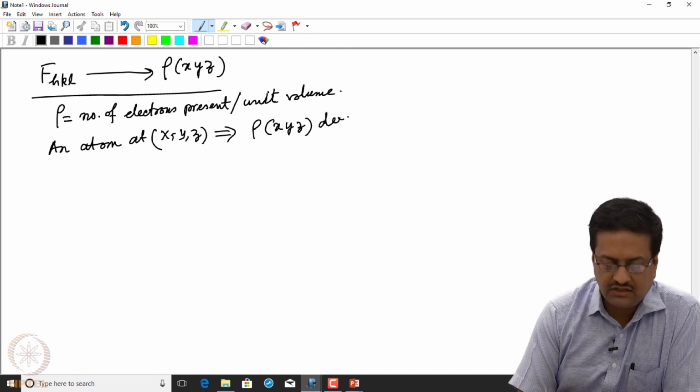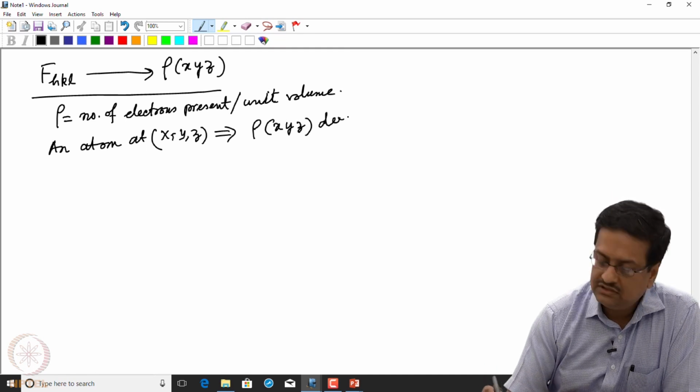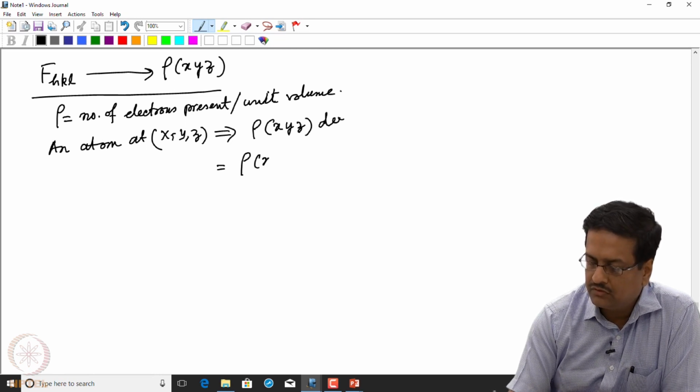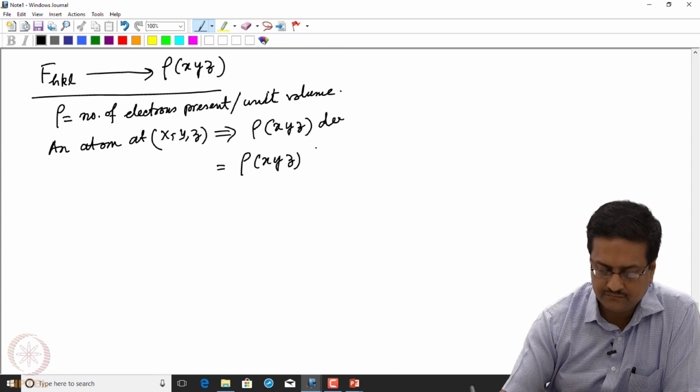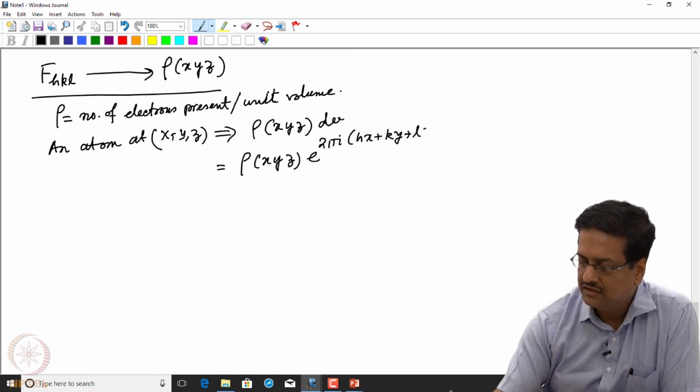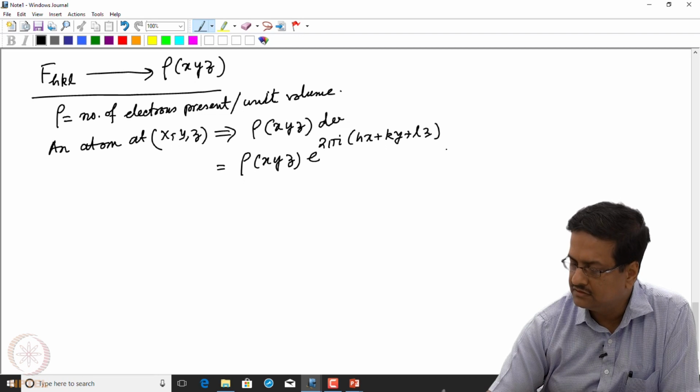In exponential form, this can be written as rho(xyz) e to the power 2 pi i (hx plus ky plus lz) dV.